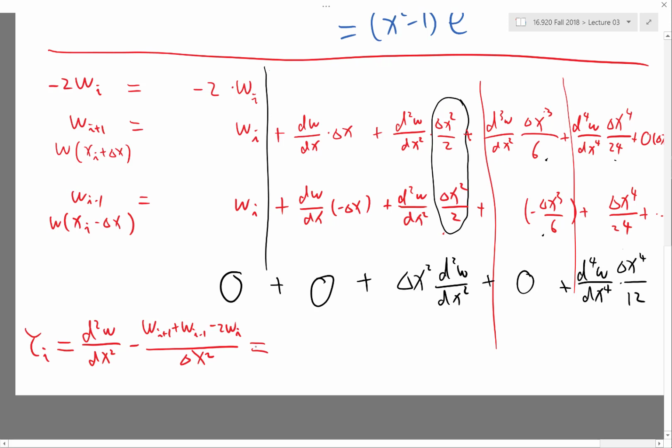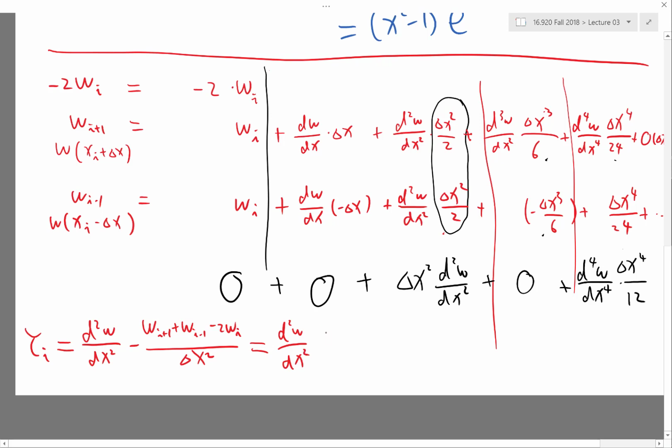So this is equal to, basically, I'm going to take the entire black line, multiply it by minus 1 over delta x squared, and then add it to the second derivative. What I have is the second order derivative.